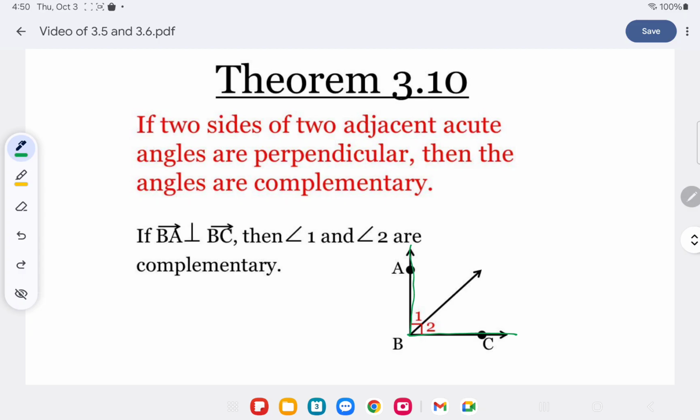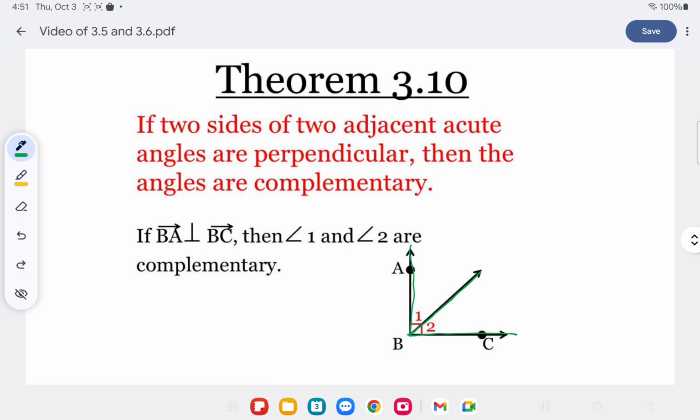Those two sides are perpendicular to each other. So when we form two adjacent angles by dividing that into two acute angles, then those two angles must add up to 90 degrees. That's what it means to be complementary.